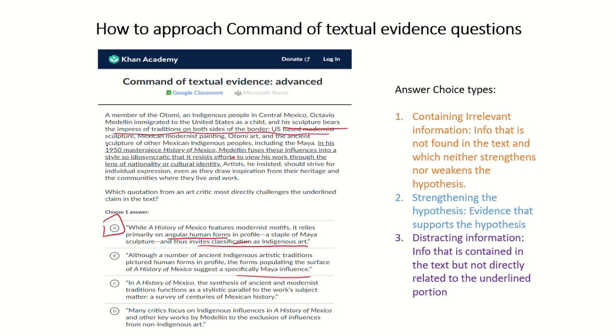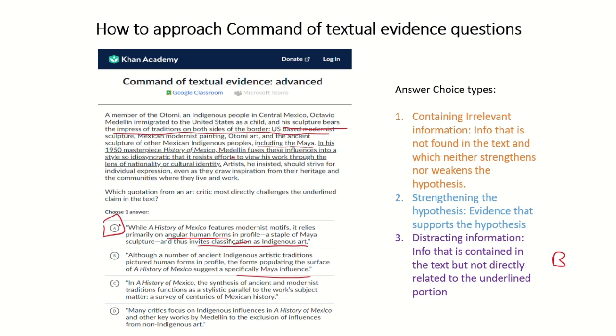In this one, it talks about including the Maya. So we know there are Mayan influences in his works. So it's not adding or subtracting to the underlined information, right? So option B would be more like distracting information.